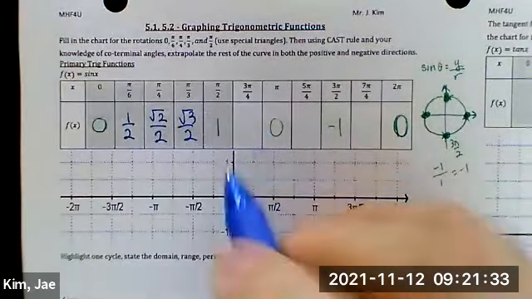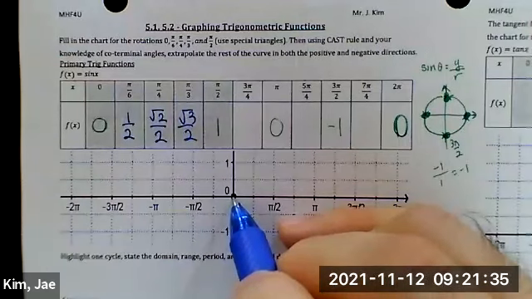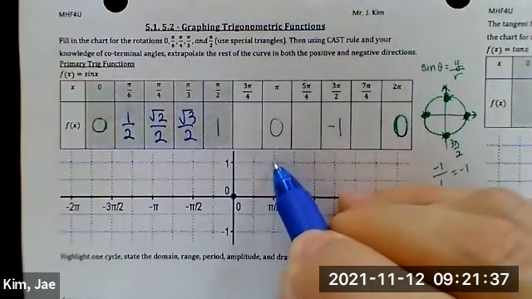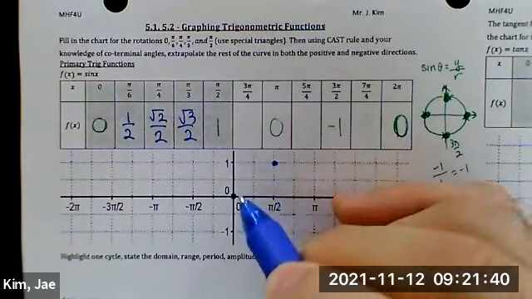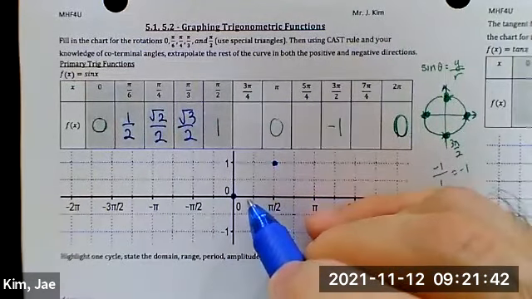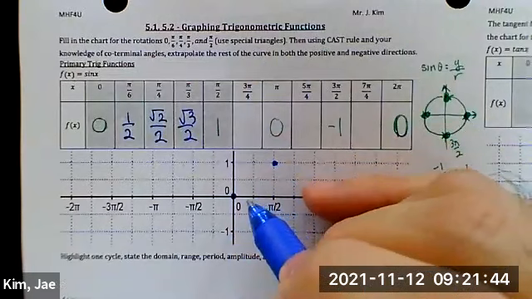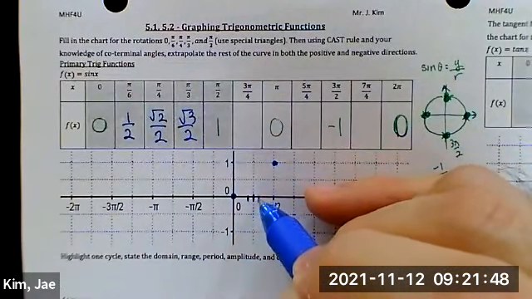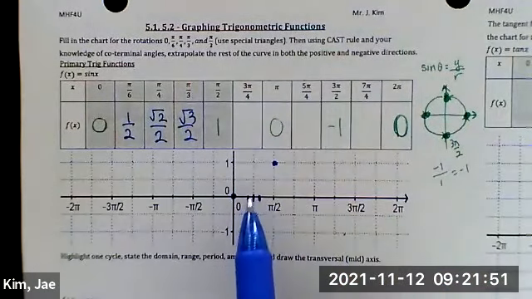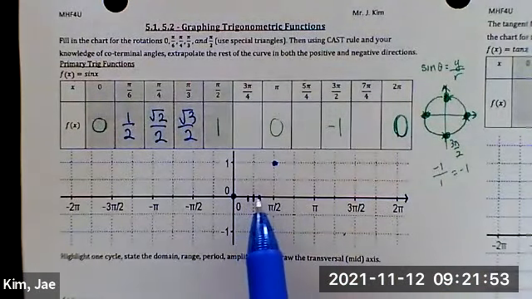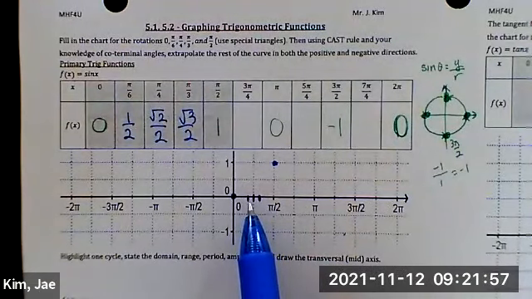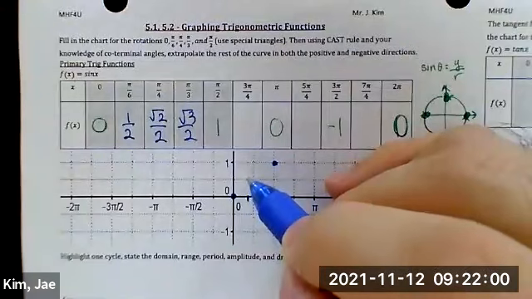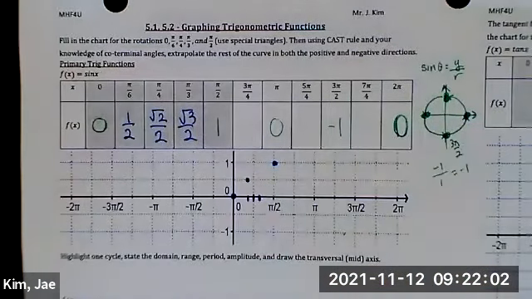Let's graph this point. 0. And then at pi over 2, I get 1. And in between, what happens? 30 degrees or pi over 6 is about here. And then there's pi over 4 and then pi over 3. There's 3 points that are very close to the dotted line in between. Half is found at 30 degrees or pi over 6.